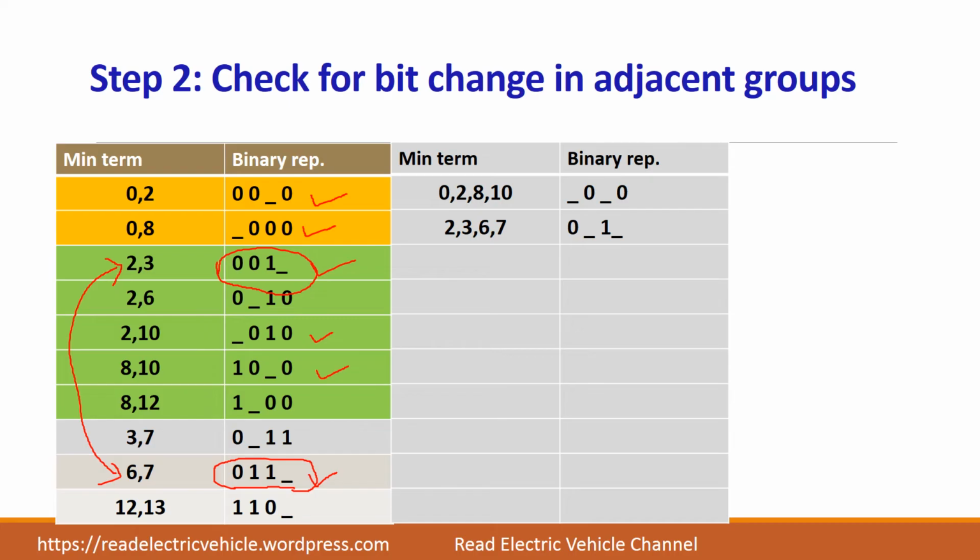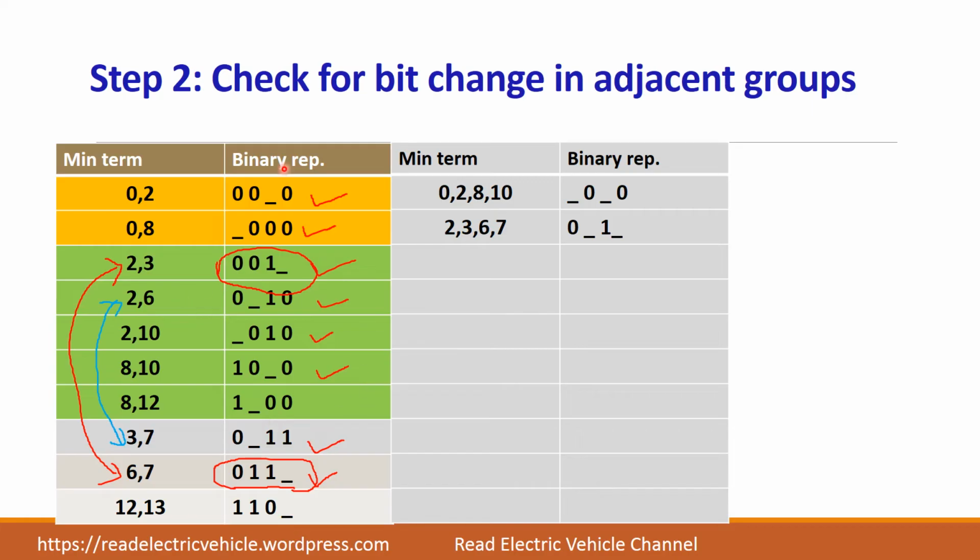So next we will compare the other bits, and 2 6 3 7 has been already included, so just put a tick mark alone. So you will check for any other comparison is possible. I hope no other comparison is possible.